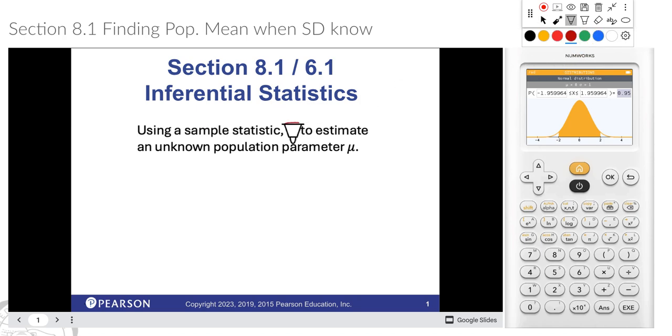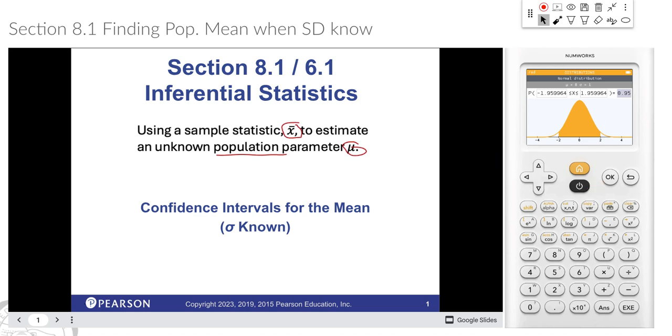This is the symbol for the mean if it's in a sample, so the sample mean, and mu is the symbol we use when we have a population mean. And in a population it's called a parameter, in a sample it's called a statistic. So we're just applying all these vocabularies we've used and learned.